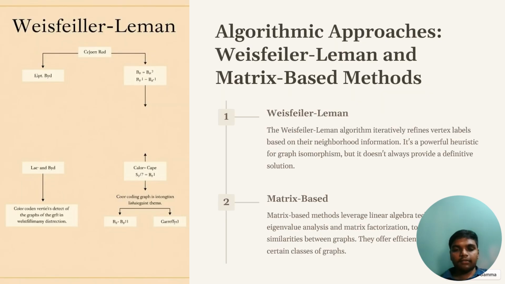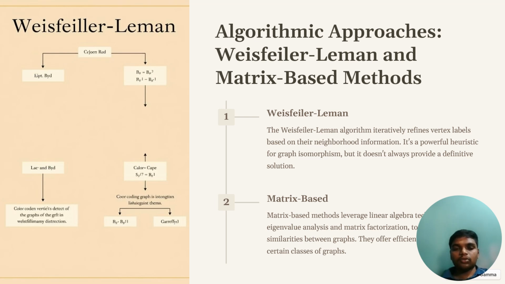Why is graph isomorphism important? Now we are going to see the importance of isomorphic graphs. Graph isomorphism is a fundamental concept for many problems in graph theory and computer science. Some of the areas where the concept is particularly important include pattern recognition.